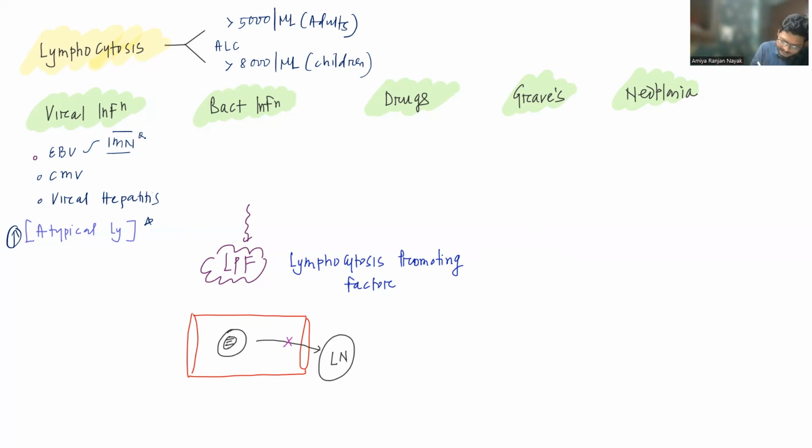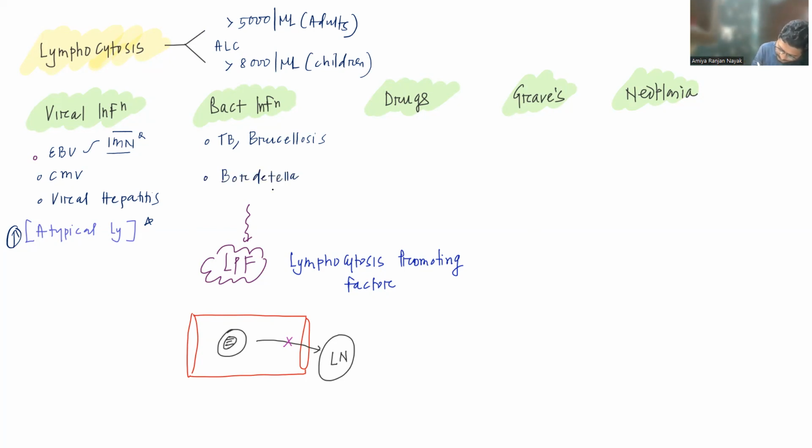Now the next thing is certain bacterial infections like tuberculosis, brucellosis. Usually we associate bacterial infections with neutrophilia, I mean neutrophilic leukocytosis. But there are certain bacterial infections which can cause lymphocytosis. So classically tuberculosis, brucellosis, and a very important infection, that is Bordetella pertussis.